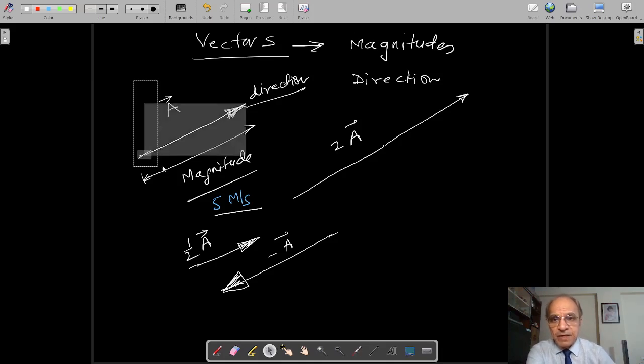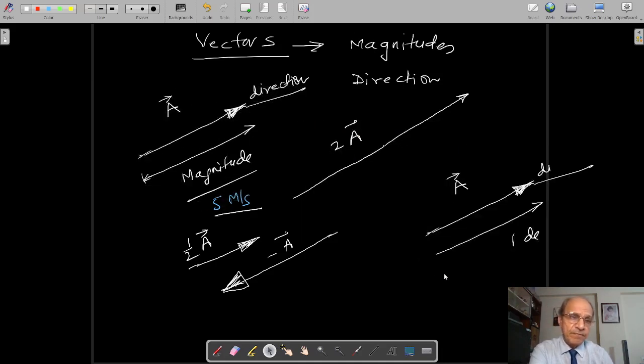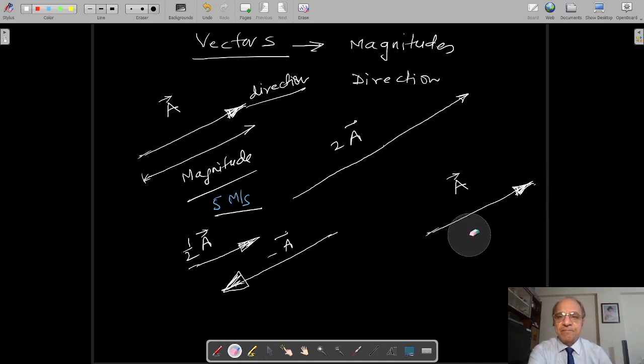If I make a copy of this vector here, this vector will still be A. Whether I keep it here, or move it to the US, or Canada, or China, as long as the magnitude and direction are the same, it is A. So this is a very good property of vectors. Vectors can be moved.